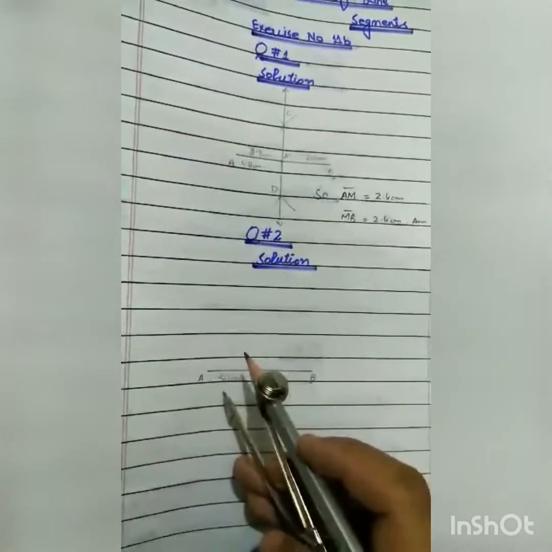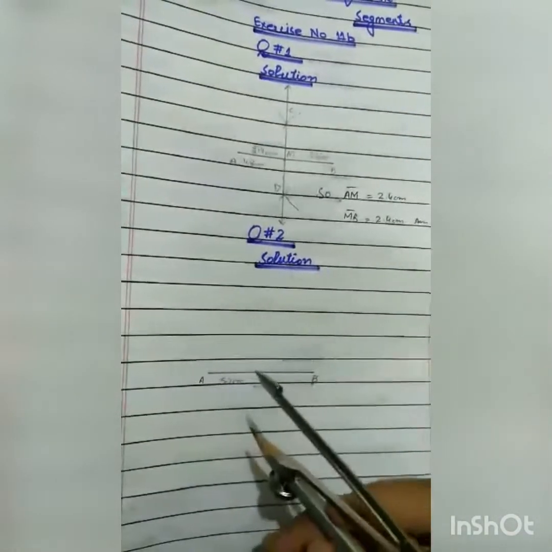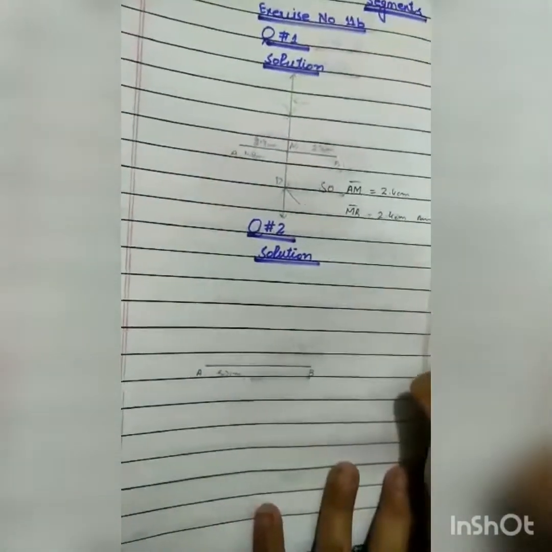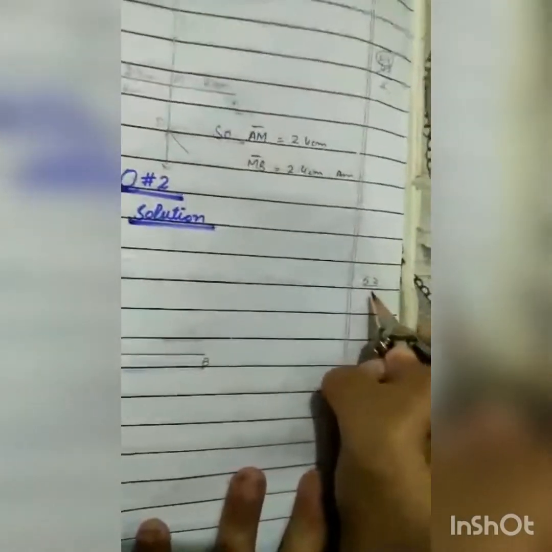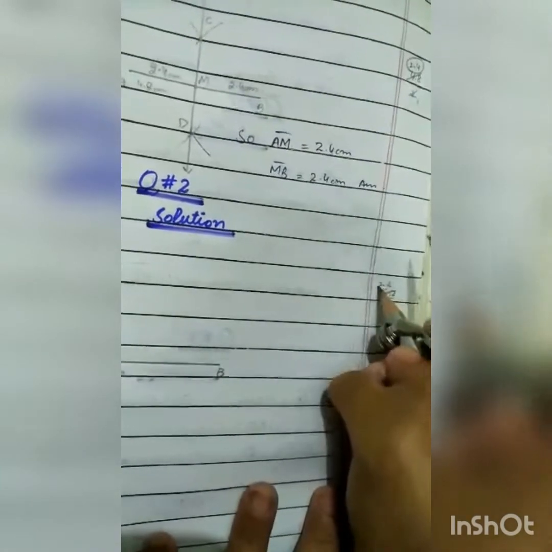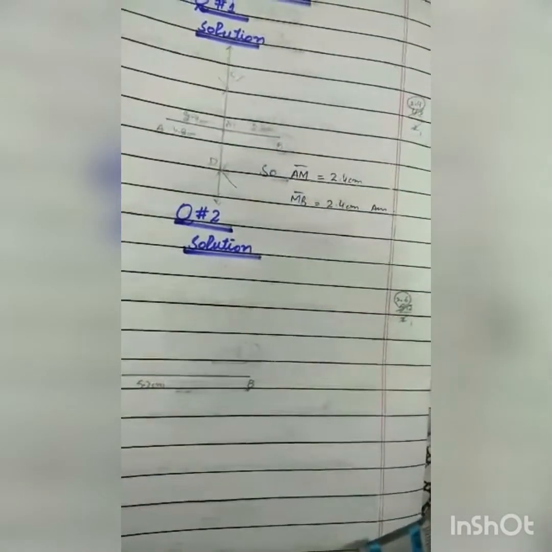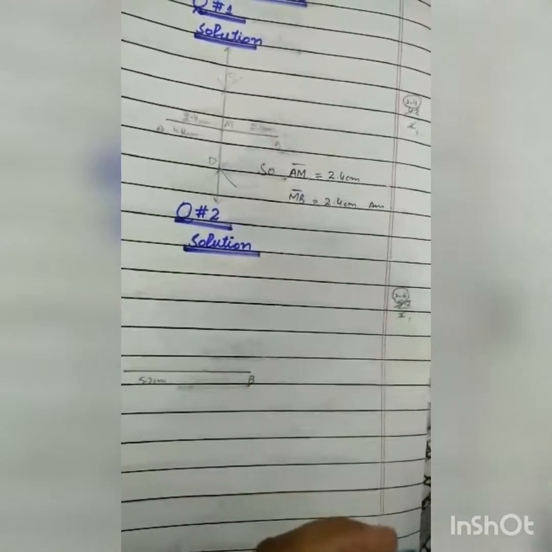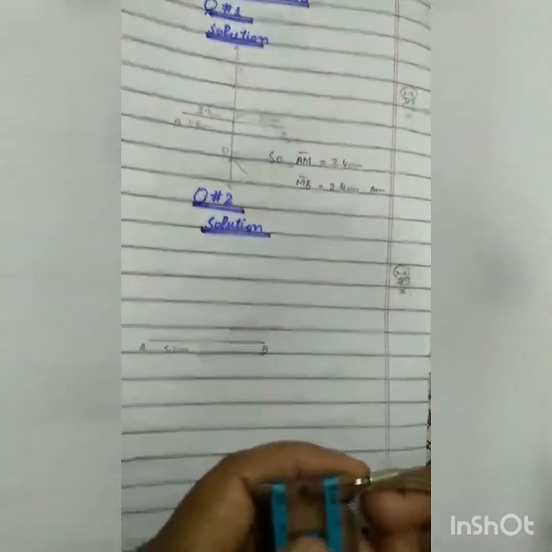We will divide 5.2 by 2. 2 ones are 2, 2 twos are 4, 1 carry, 2 sixes are 12. 2.6 is the half of 5.2. So we will open the compass more than 2.6, like 2.7, 2.8. It's up to you, less than 5.2 and more than 2.6. So I will open the compass to a length of 3 centimeter.